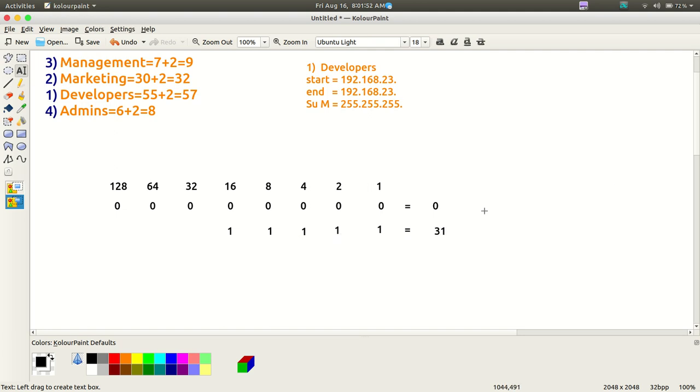Okay, so I am starting at 0 IP address and ending on 31. Starting with the value of 0, ending on 31. Total I will be getting 32 addresses over here. Still my requirement of 57 IP addresses doesn't get accomplished.